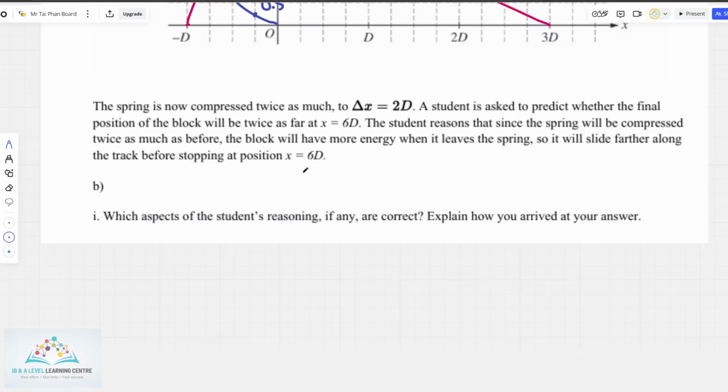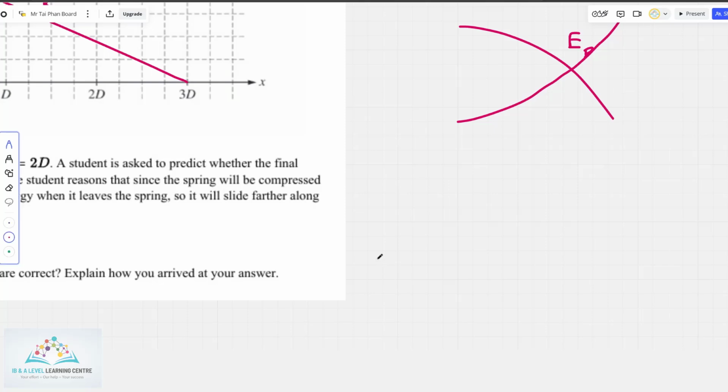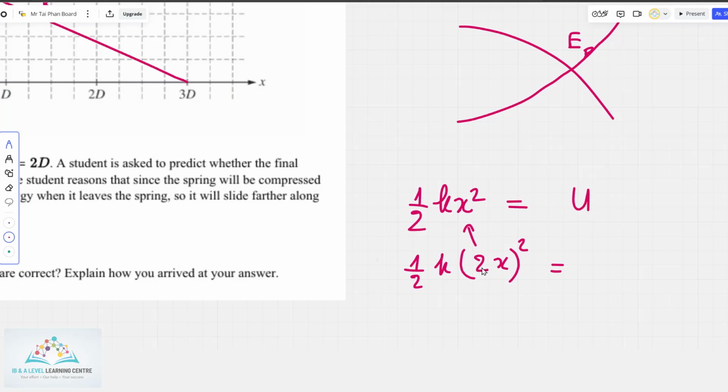The reason is that the potential energy is 1/2 kx squared, and therefore when we double the x here, we have 4 times greater potential energy. The square of 2 is 4, and therefore we have 4 times greater potential energy, and therefore 4 times greater kinetic energy.